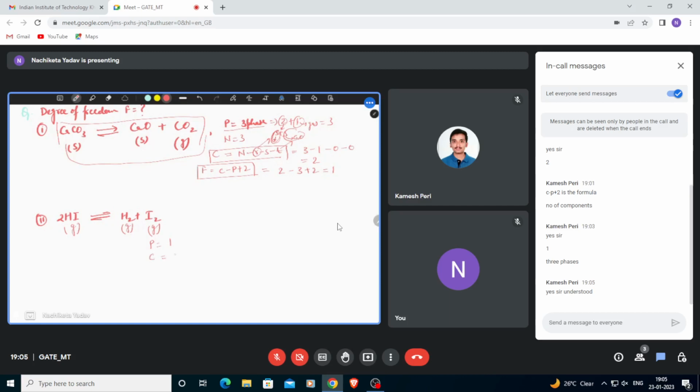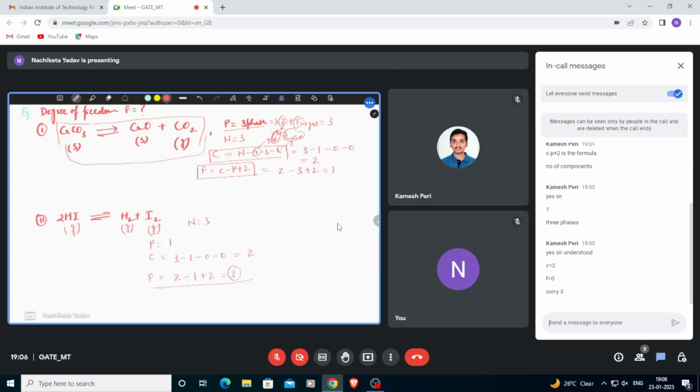The number of species N is 3, minus reactions; there is only one equilibrium reaction, minus 0 minus 0, so it will be 3 minus 1, 2. So the degree of freedom will be F equals 2 minus P, which is 1, plus 2, so 3. So the total degree of freedom will be 3 for this. Okay.